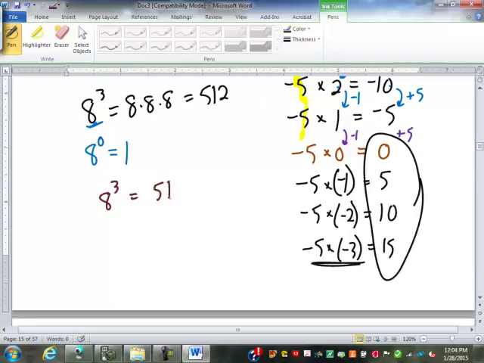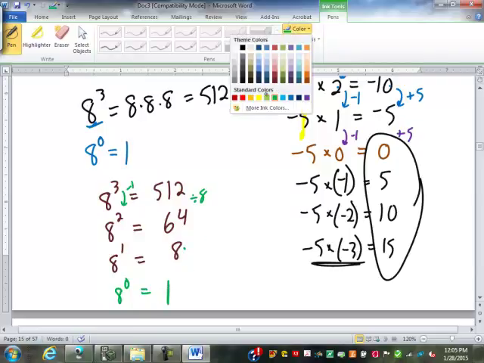8 to the third is 512. 8 to the second power, or 8 squared, is 64. 8 to the power of 1 is 8. And it's the same type of thing as over here. When the power goes down by 1, the answer gets divided by 8. So now when we go from 1 down to 0 for our power, this has to be divided by 8 to give us 1.